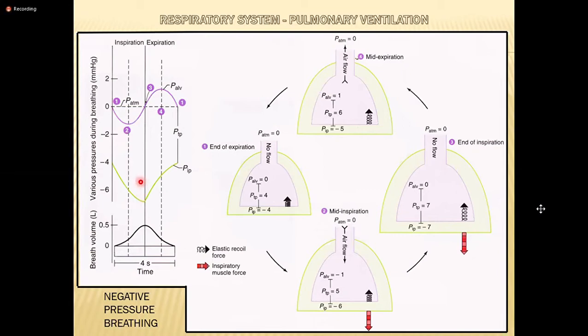And the intrapleural pressure from -4 to -5, -6.